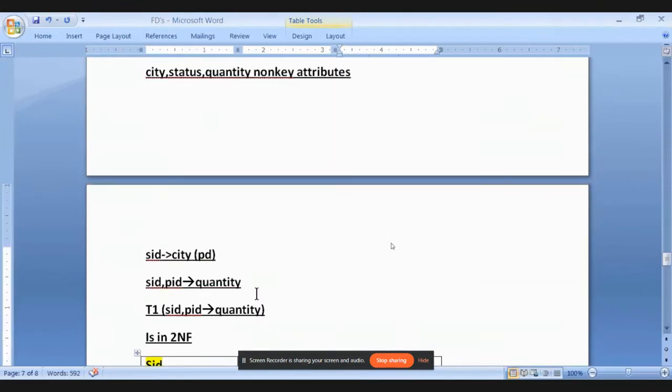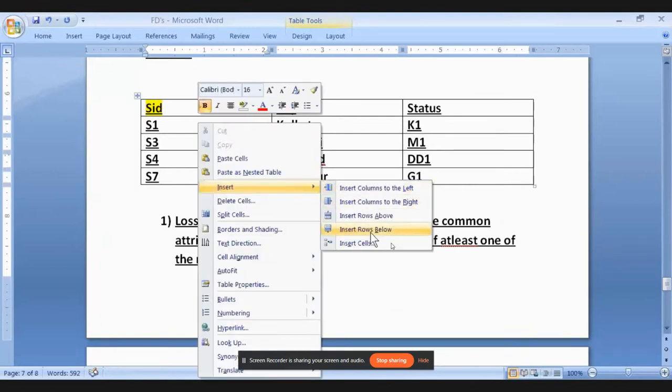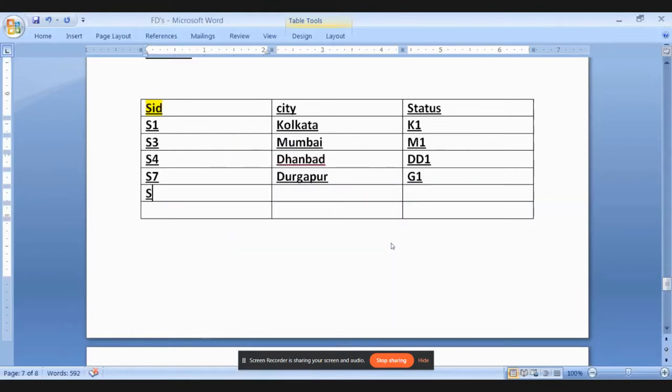Now I will add the records for where S5 and S6 stay. S5 stays in Kolkata, and the status of Kolkata is K1. S6 is another supplier who also stays in Kolkata, and the status of Kolkata is K1.